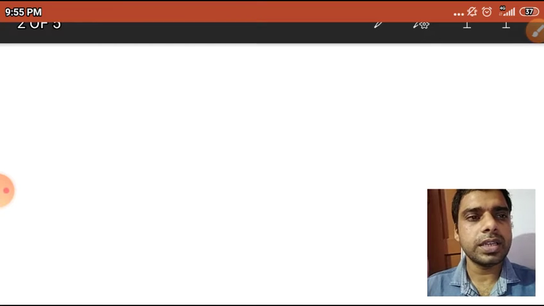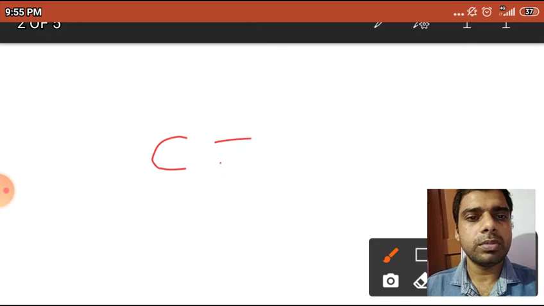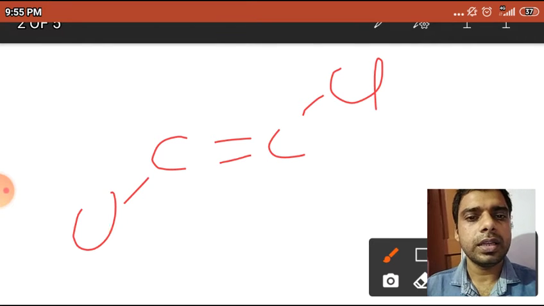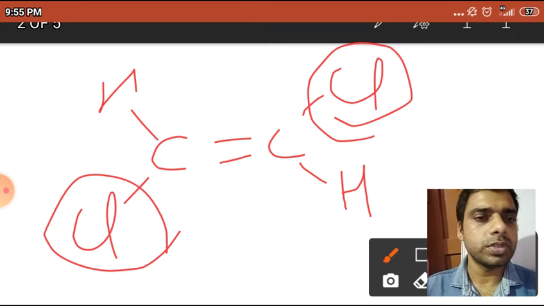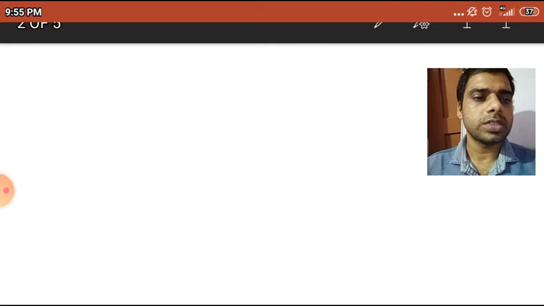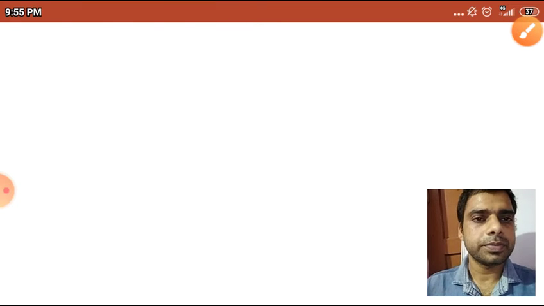So you can see here C double bond C. Here Cl I have written, here Cl, here H, here H. Cl is just opposite, okay? So it will be trans.